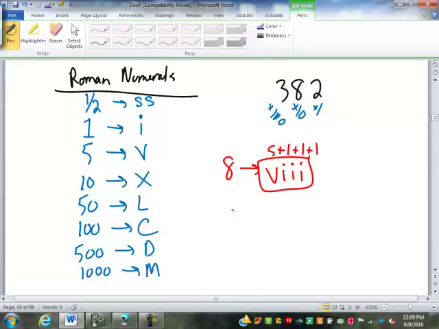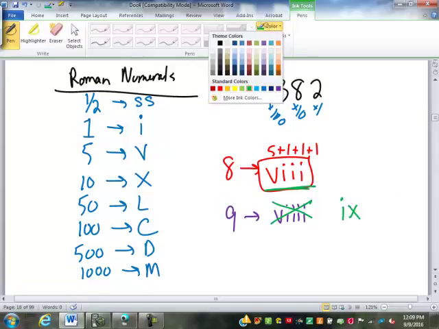That works out fine, but to represent 9, they decided it was really clumsy to have VIIII. So what they decided was they don't want you to be allowed to have more than 3 of the same symbol in a row. So here 8 with the 3 I's in a row, that's as far as they want to go. They don't want to have 4 I's in a row. So they use IX like this.